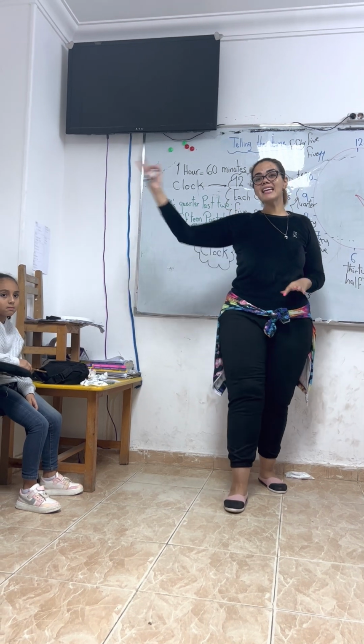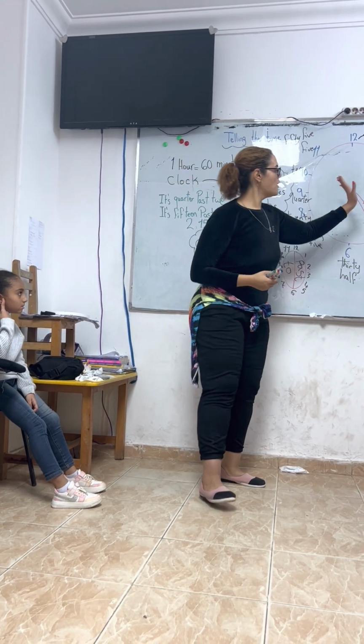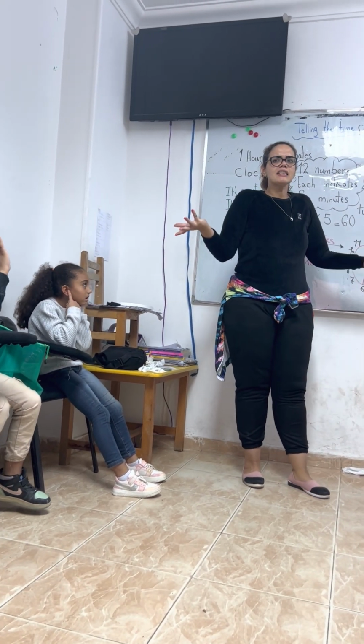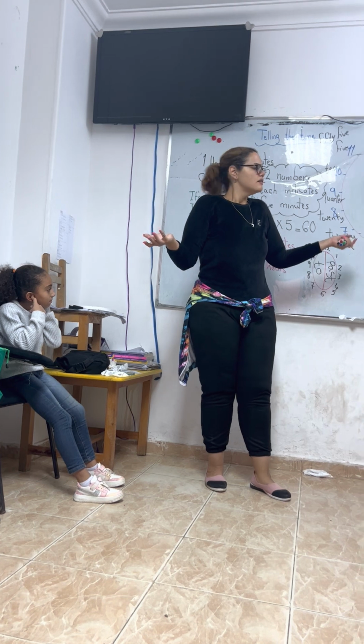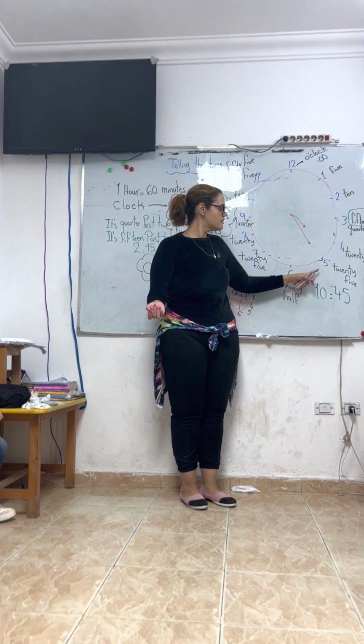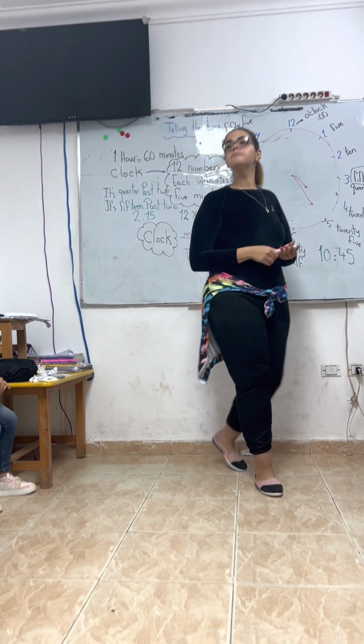Can we say past or to? In this part, past or to? Past. Past what? Look at the smallest. The smallest tells me how many hours? 5 hours. So what is the time?